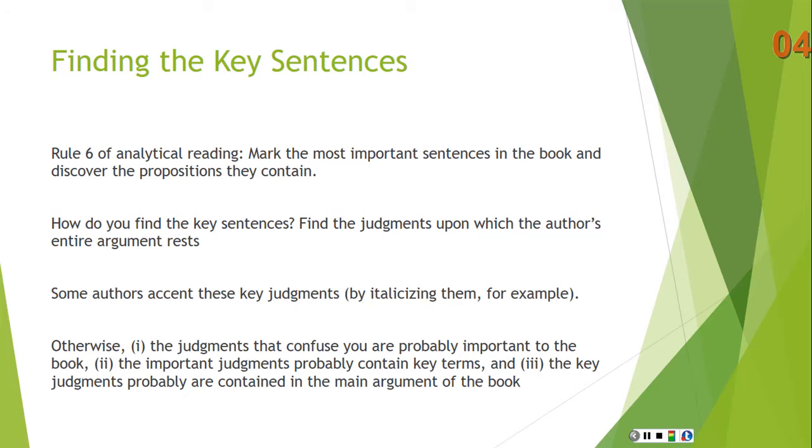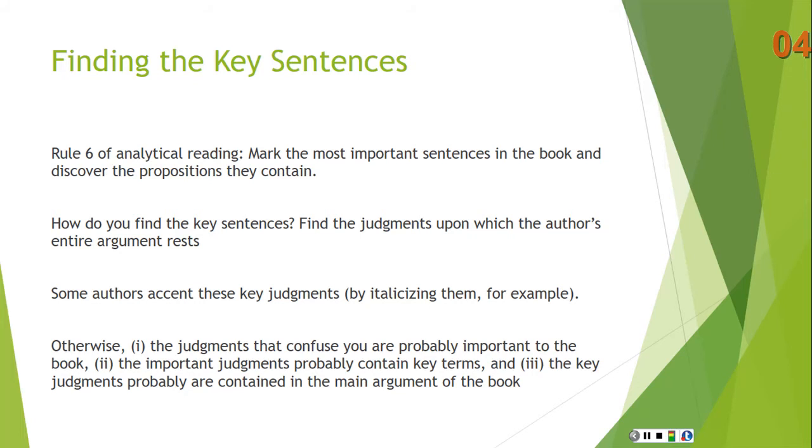When we say discover the propositions they contain, mainly what we're saying you should do is discover the meaning of the sentence. So there's the sentence itself, which is a linguistic item, and then there's the meaning of the sentence, which is a semantic item. So the difference between sentences and propositions is a difference between syntax and semantics.